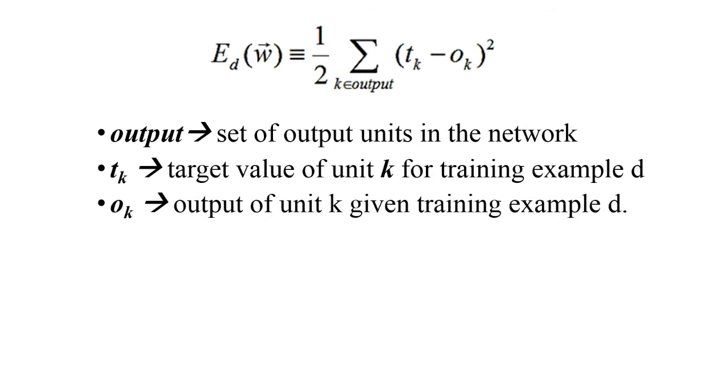Here, outputs is the set of output units in the network. t_k is the target value of unit k for training example d, and o_k is the output of unit k given training example d.